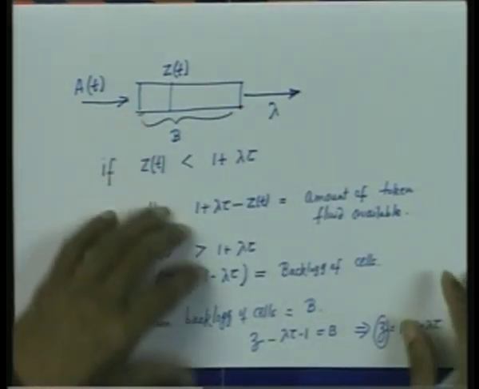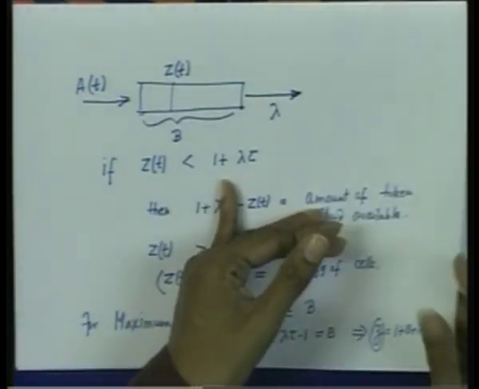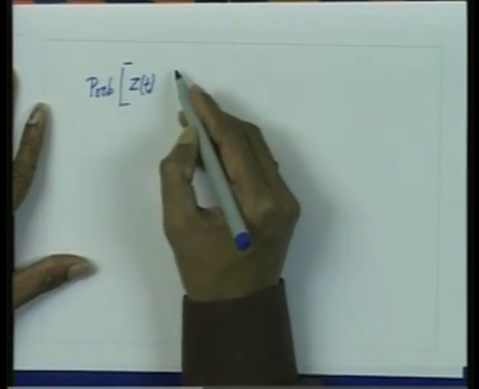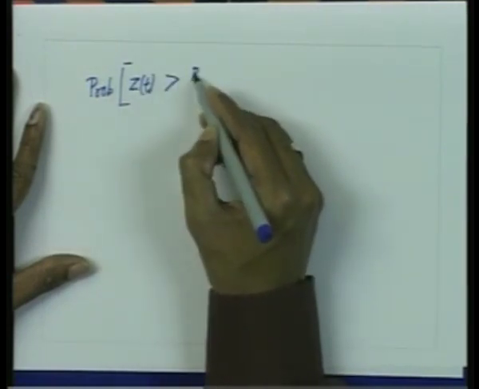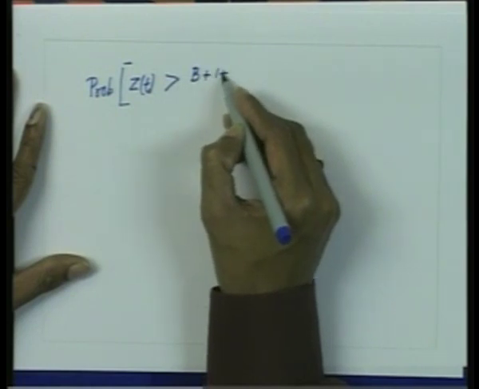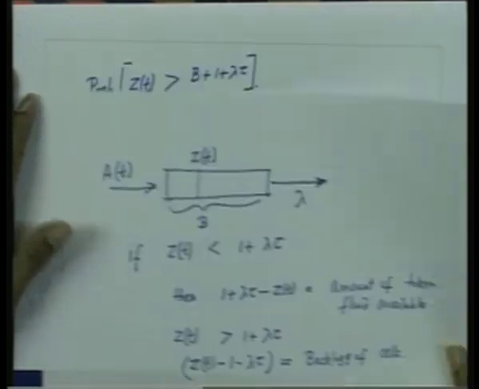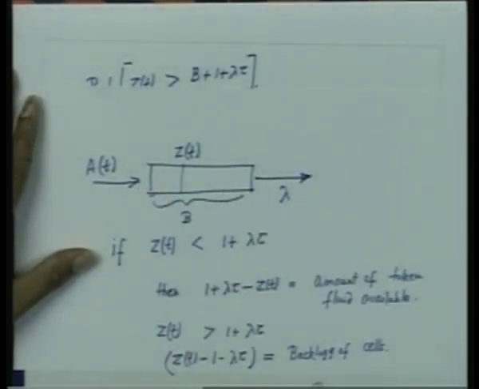We now ask this question: what is the probability that zt is greater than b plus 1 plus lambda tau?